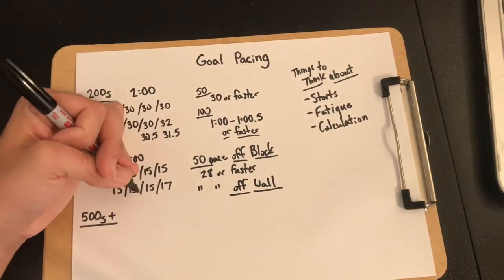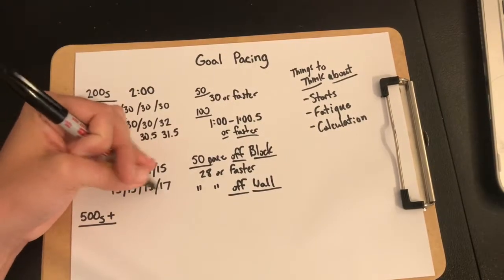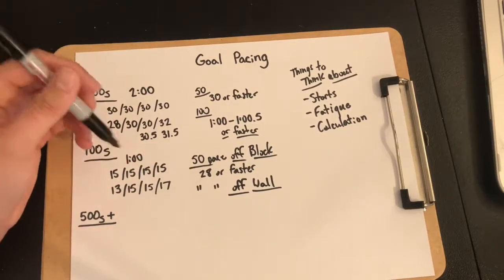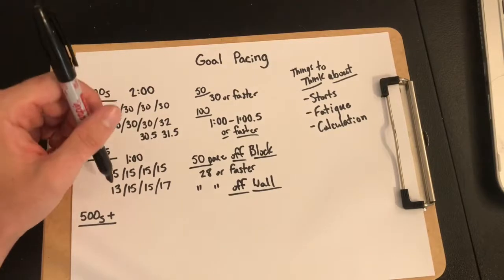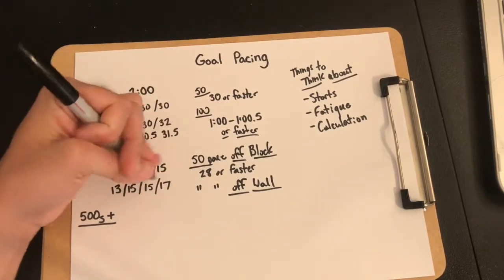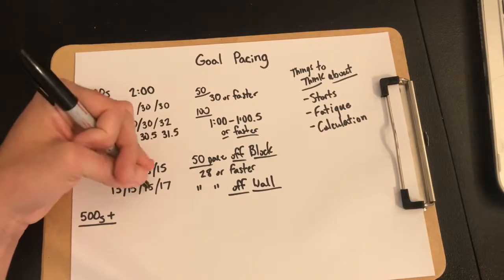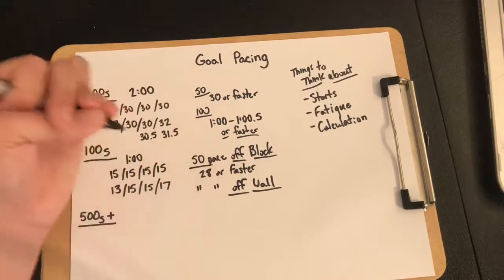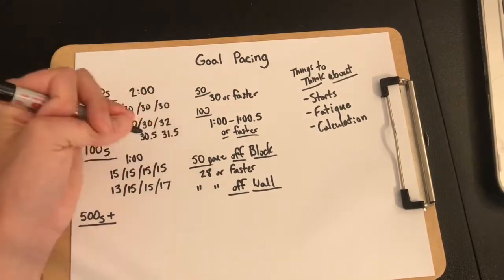I'll typically take either these middle two or the last two. And for the sake of training purposes, it's probably better to do that middle 50, but you can do whichever way you want. If this is a 30 and this is a 32, if you want to cut down the middle and say 31, that would be fine.